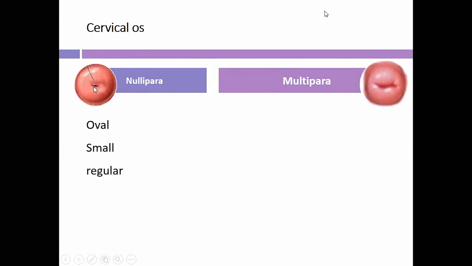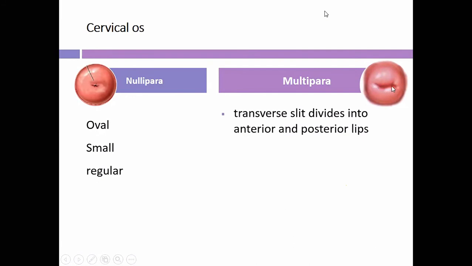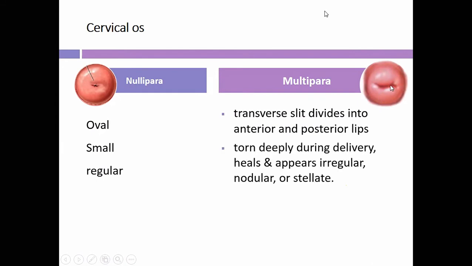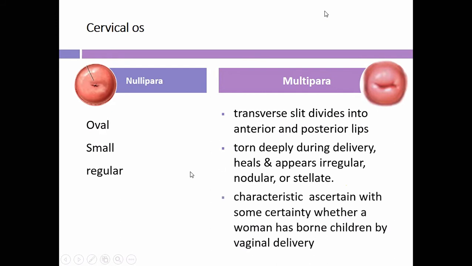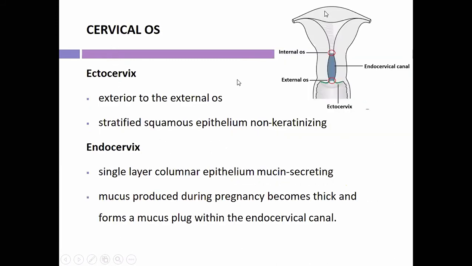Look at the aperture. It is small and regular. When the woman has already given birth, it becomes transverse or slit-like, now dividing the cervix into an anterior lip and a posterior lip. And because this could have been torn during delivery, it later heals and forms nodulations. Now, the cervical os also has the ectocervix and the endocervix.